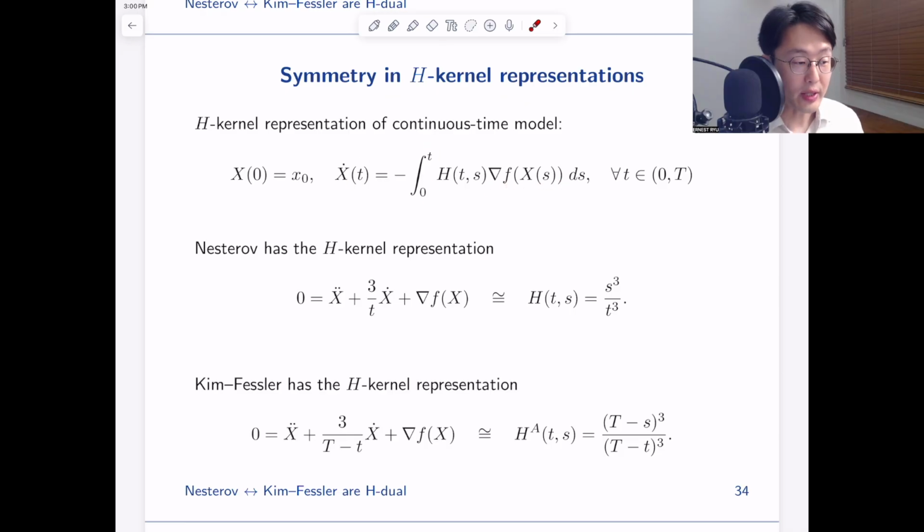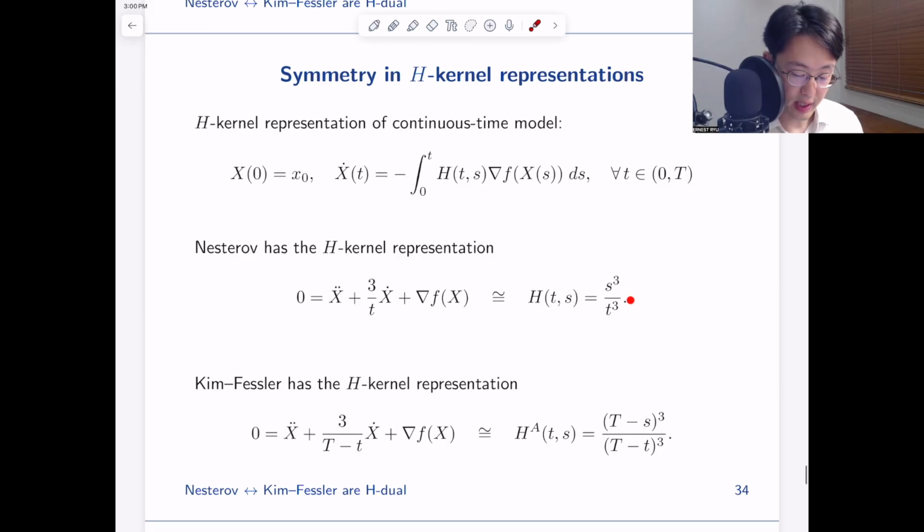So the direction that we should move in is a weighted combination of all the previous gradients, and the weights are given by this kernel function H. With this representation, the Nesterov accelerated ODE corresponds to this kernel, and Kim-Fessler corresponds to this kernel. And as you can see, there is a certain degree of symmetry here.